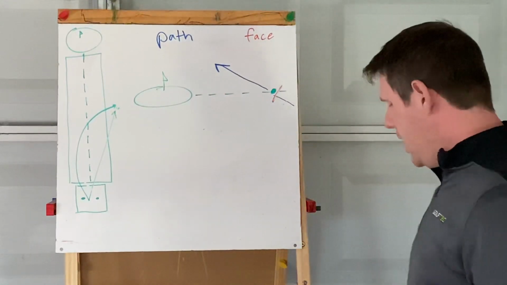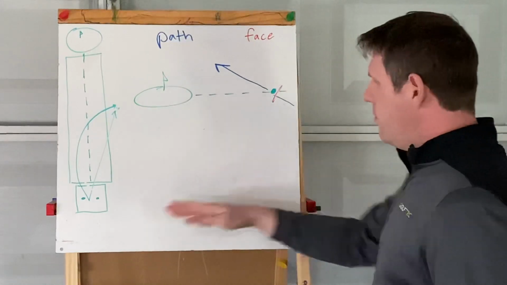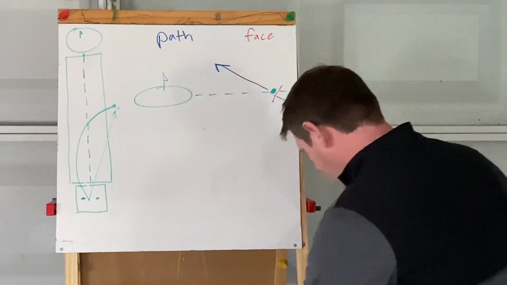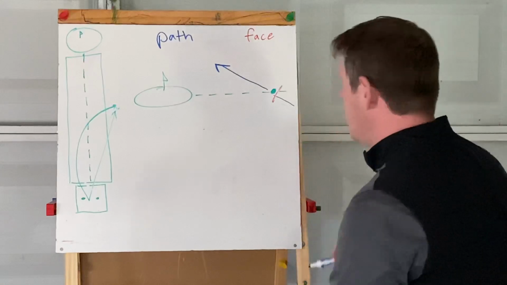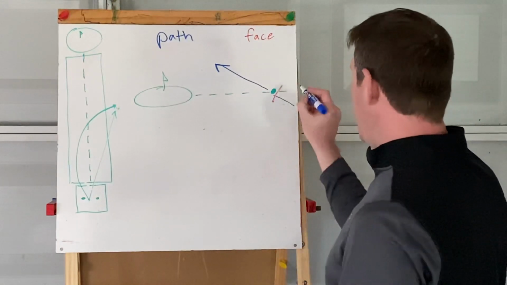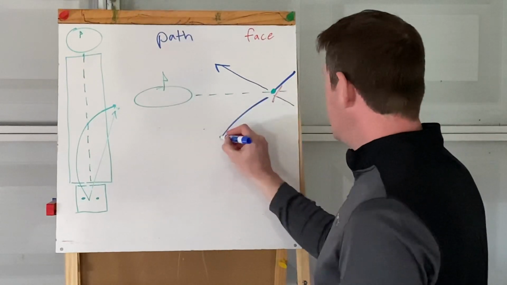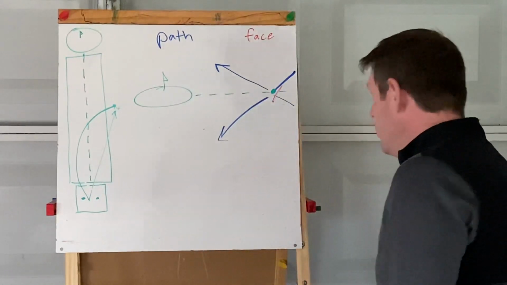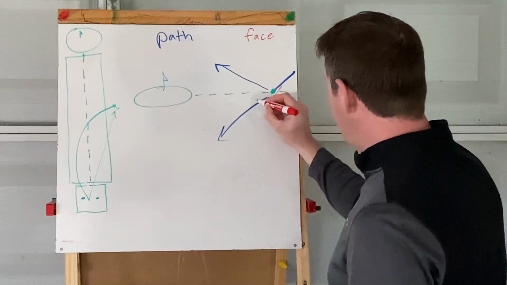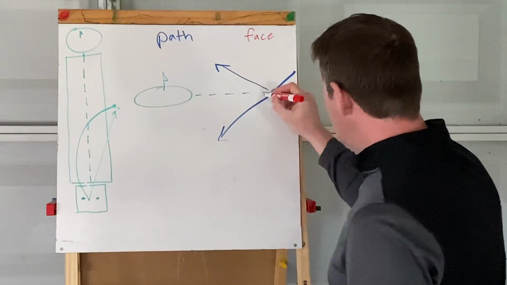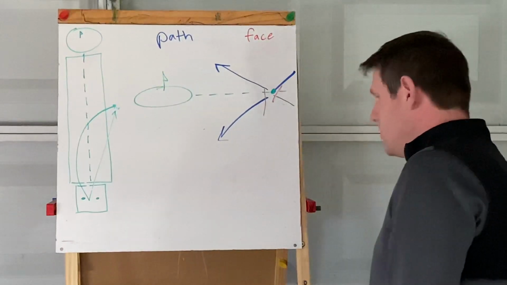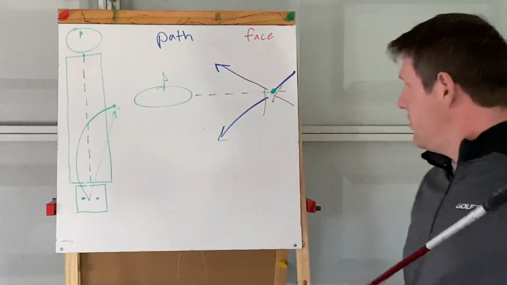Okay? Now, the other situation where the ball took off to the left and curved to the right. The way that has to work is the club path has to be going now to the left like this blue arrow, while the club face is aimed somewhat to the right. So that will look something like this.